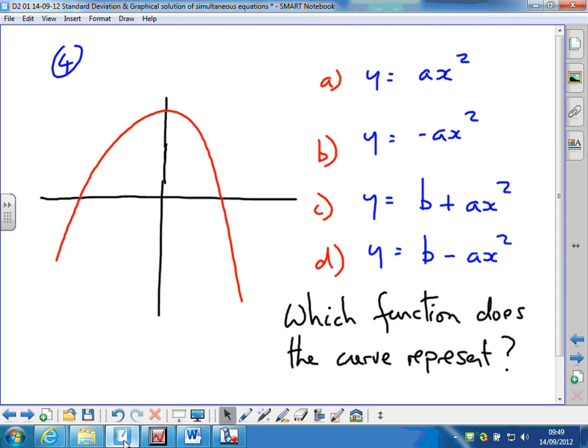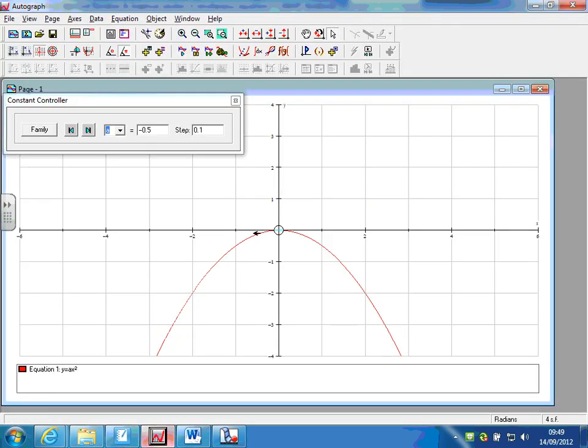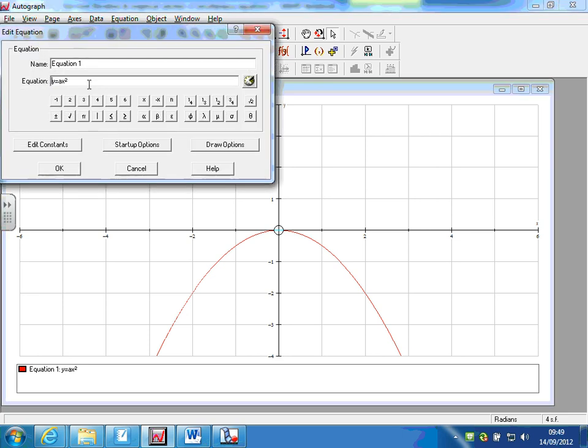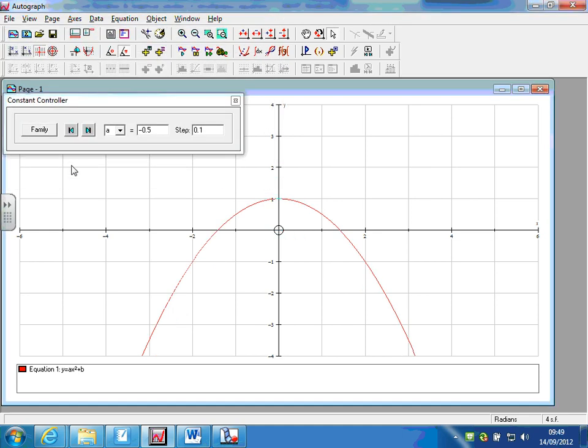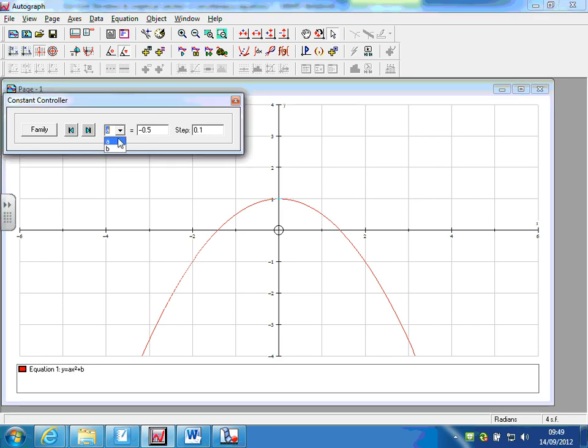Okay? So if I change the function to y equals ax squared and add a constant term b, then by default it sets the constants to 1. So it shifted the curve up to 1, look. So if I change b, then that makes the curve go up and down, okay?